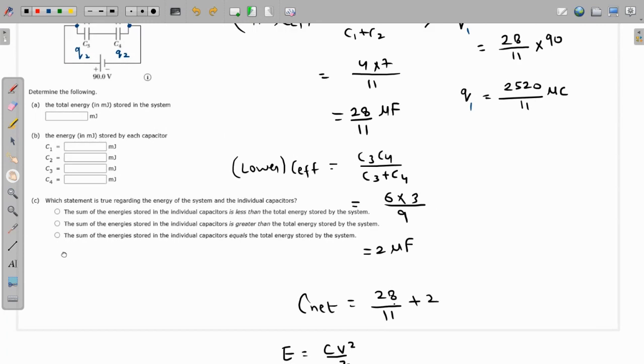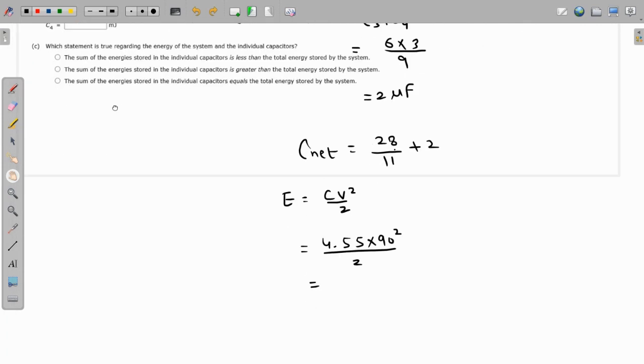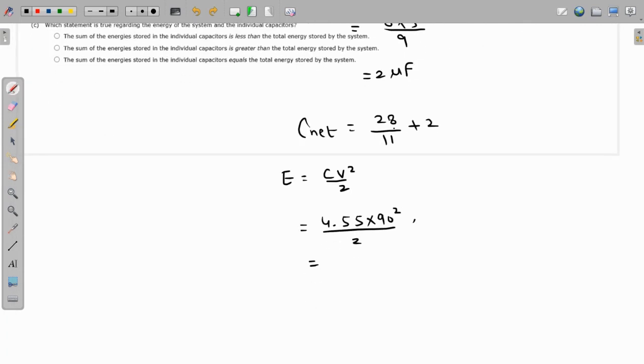This energy is in microjoules because capacitance was in micro, but they are interested in finding the energy in millijoules, so we convert by dividing by 1000. This value is coming as 18.43 millijoules. That is the answer to part A.